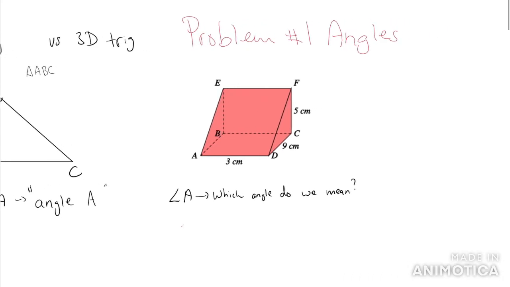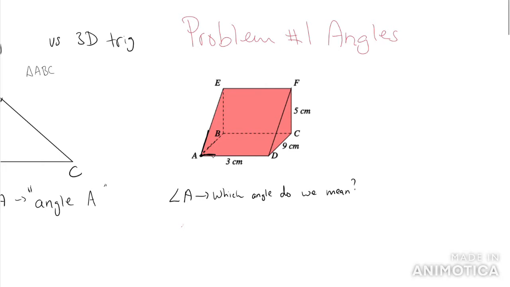Now if I go for angle A, which angle are they referring to? I see that the point A is right here, but if I notice, there is a line going up, a line going away, and a line going side to side. So the dotted line here represents going into the page, but behind something, so we can't actually see it. So we actually have three angles here.